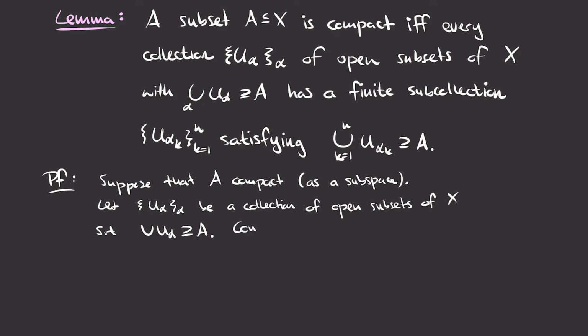Okay, and now we're going to move to subspaces, so we're going to consider a new collection, namely the U alphas intersected with A. Now the claim is that this is an open cover of A viewed as a subspace. The reason for this is that, well, each of these sets is open in the subspace topology.